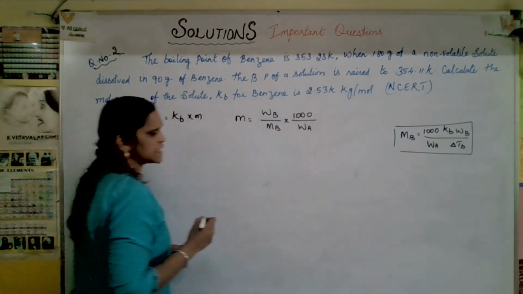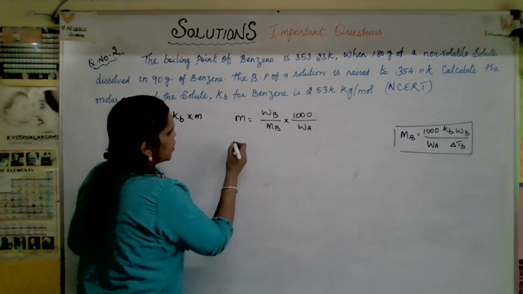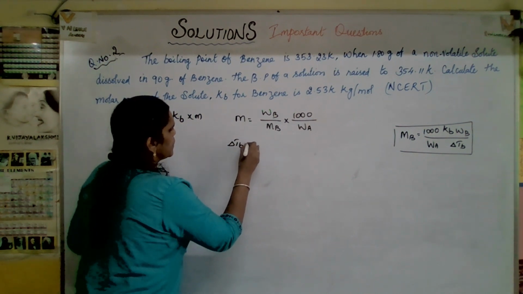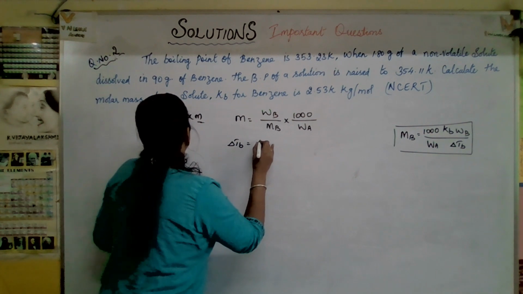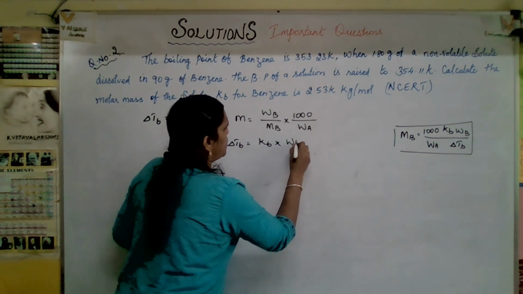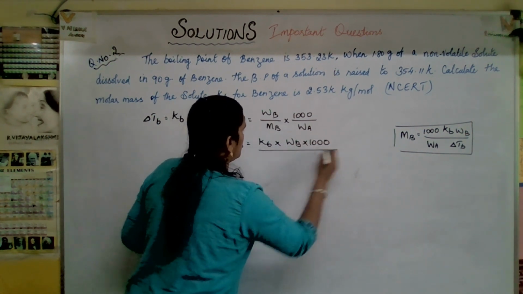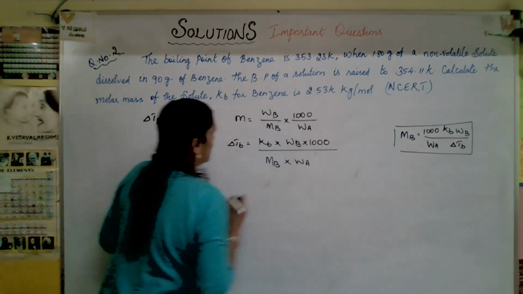This is what we discussed in the class. Now here you just apply this: delta TB equal to Kb into WB into 1000 divided by MB into WA, right?